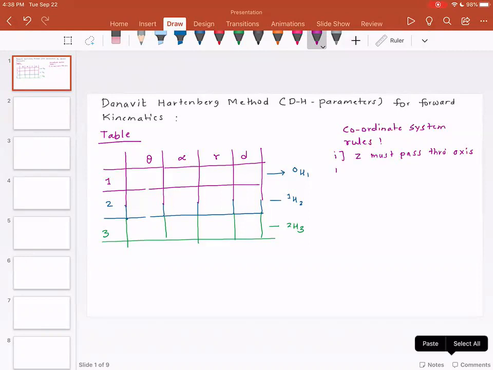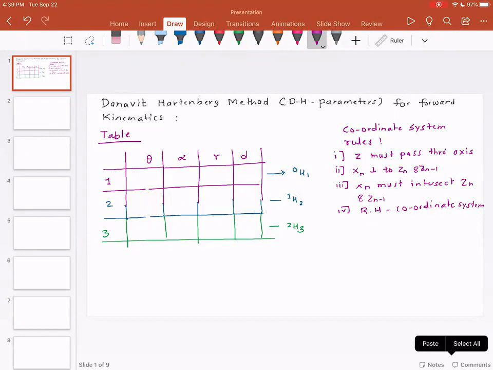Then xn should be perpendicular to zn and zn minus 1. Then xn must intersect zn and zn minus 1. And we should be using the right hand coordinate system. So these are the 4 rules that we have been using so far.